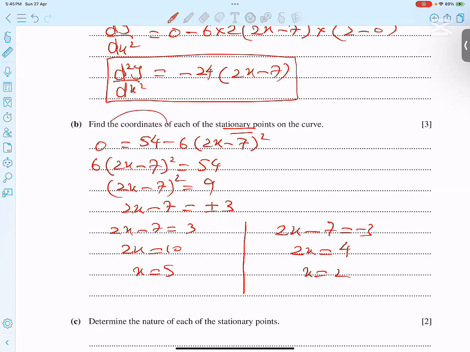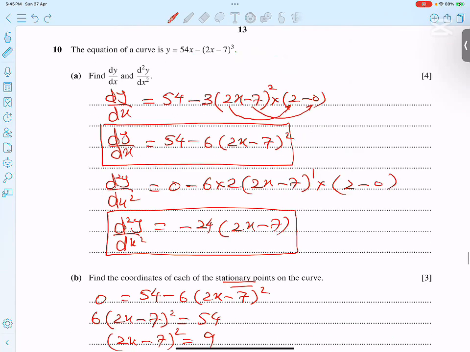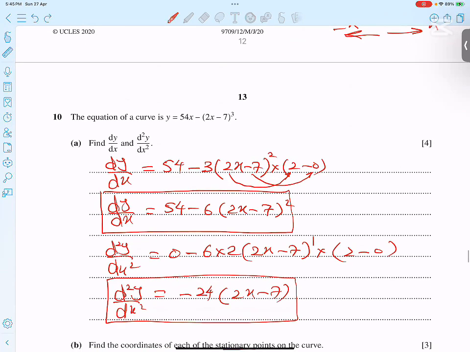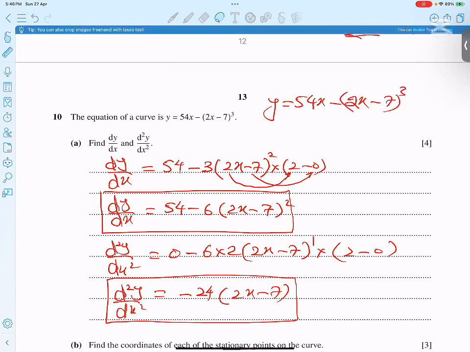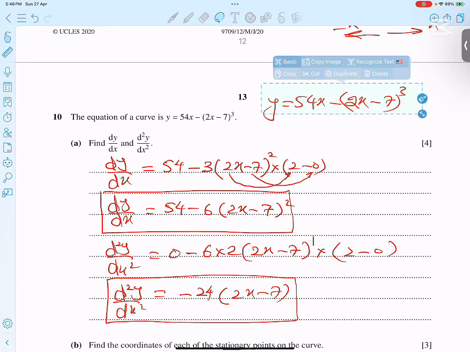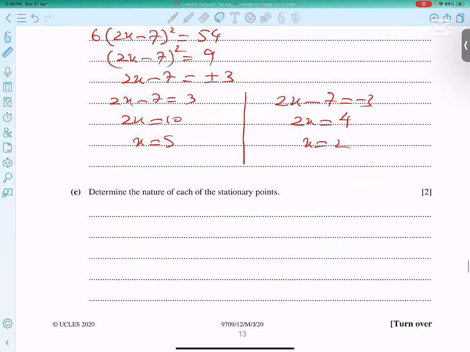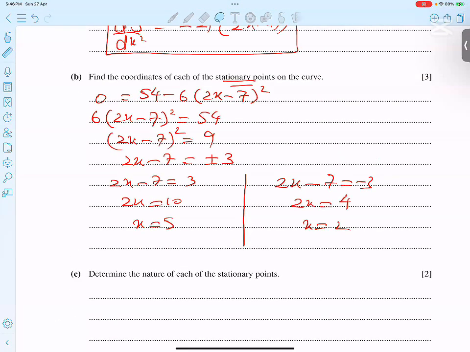But he said coordinates, so it means we are looking for y coordinates. So I will plug in this. I will take this equation and I use it below. I'll use it 2 times. Okay, 1 minute.